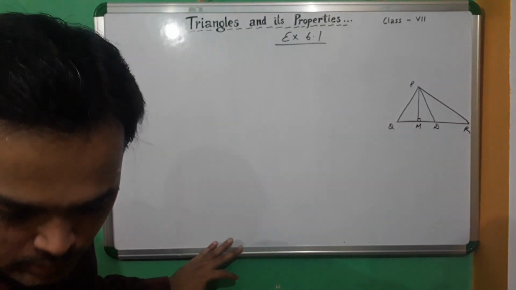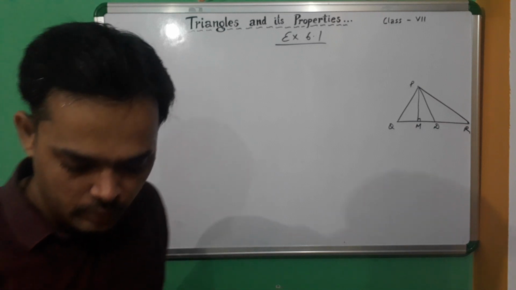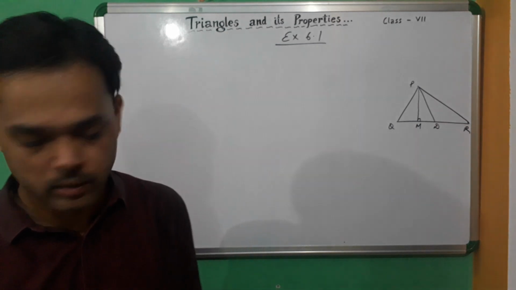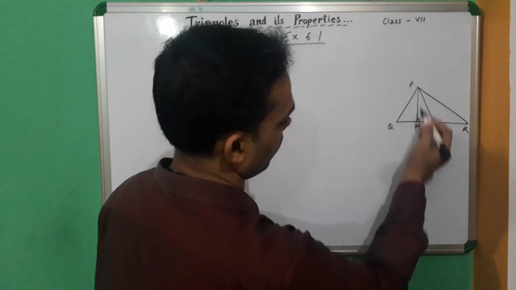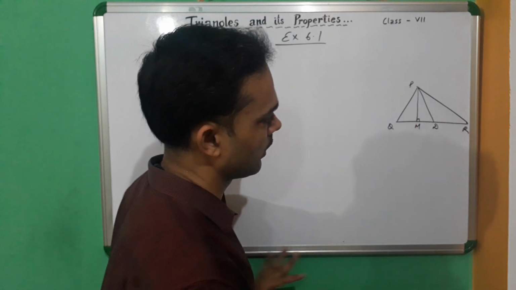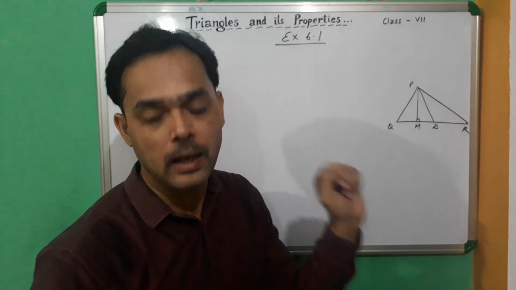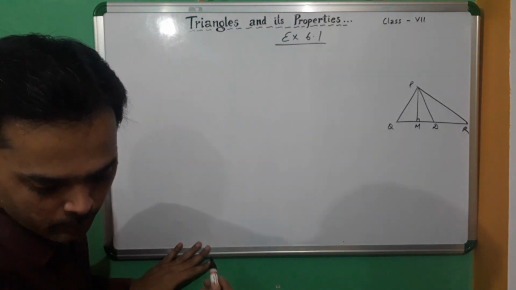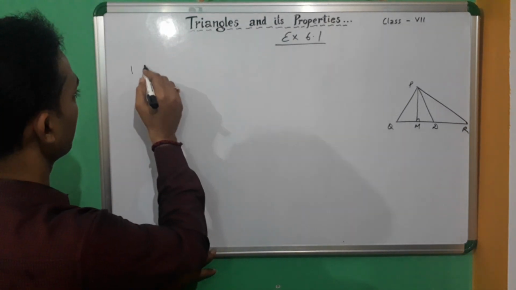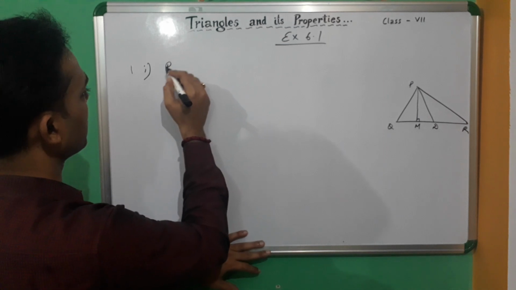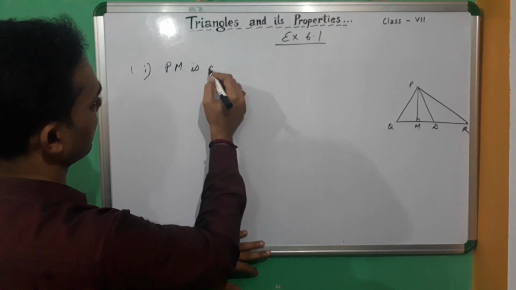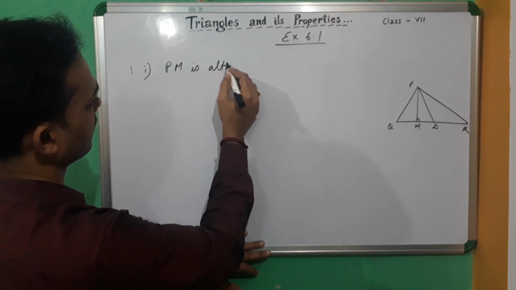Now it is asked, PM is. So see over here, what do you think? PM is what? It is perpendicular, so it means that PM is altitude. So in question number 1, first part, PM is altitude.